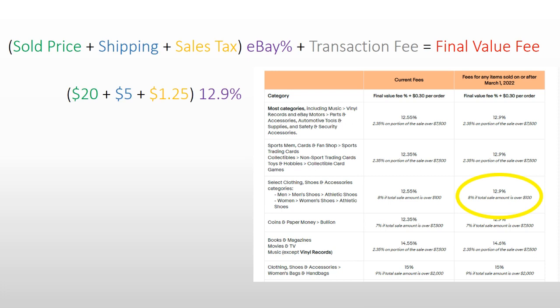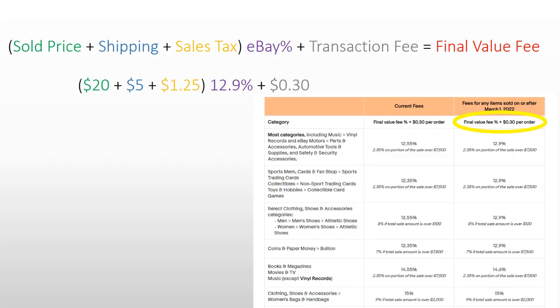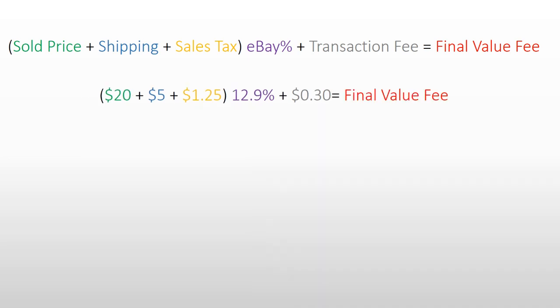So this is going to be 12.9%. Again, refer to that table, find the table that works for your situation and what you're selling, and plug in that percentage at this point in the formula. And then you're going to tack on that 30-cent transaction fee. Again, we saw that at the top of the table here. They're adding 30 cents to every order, and that's going to equal your final value fee.